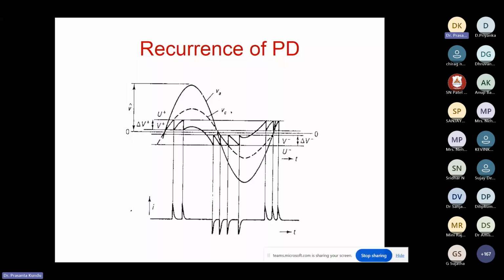If the VC peak is lower than the U plus, then no partial discharge will occur. For partial discharge occurrence, you need a certain minimum voltage, so that the gap voltage exceeds the breakdown voltage of that gap. If it is exceeding, then there will be a breakdown.